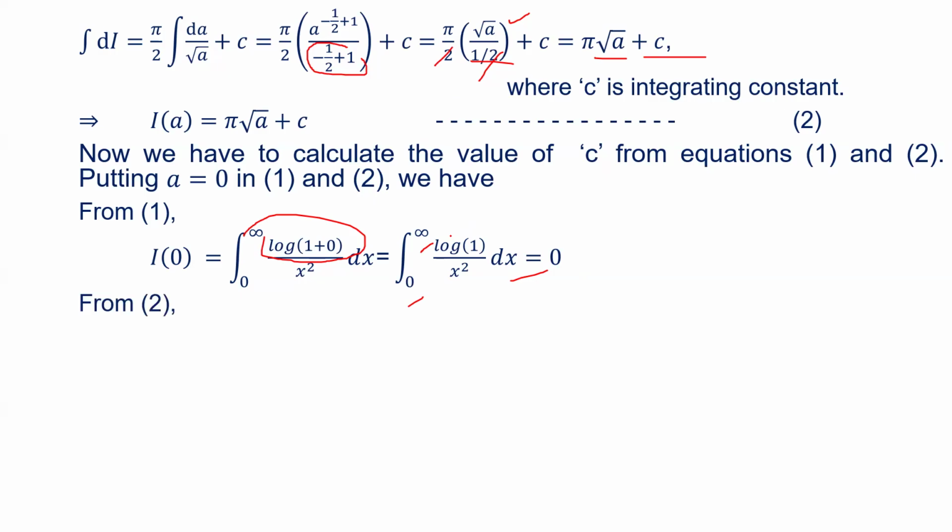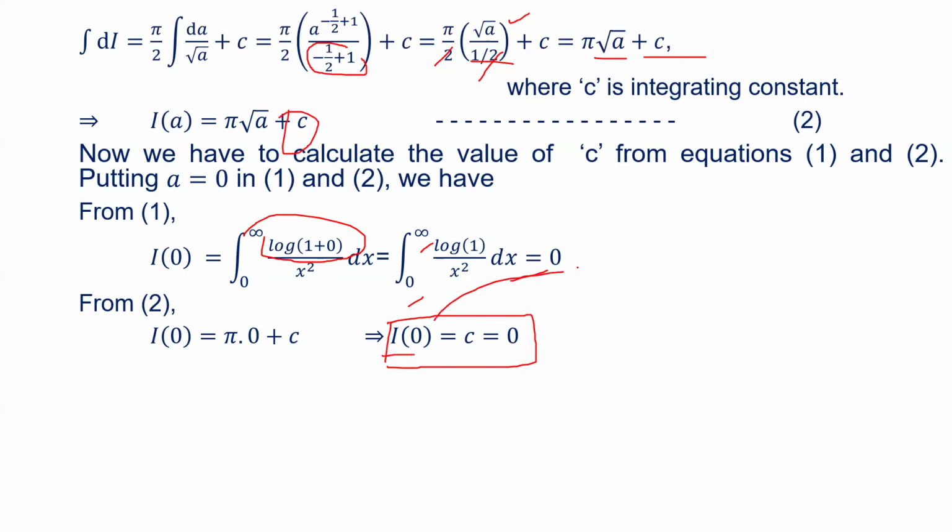From 2, we have I of 0, which is equal to pi root 0, which means 0, plus c, which gives us c is equal to I of 0. And so if you put the value of c in equation number 2, and what is the value of I of 0?